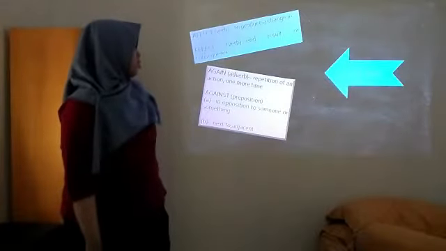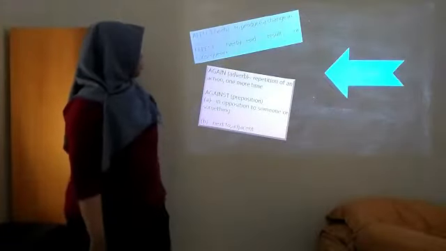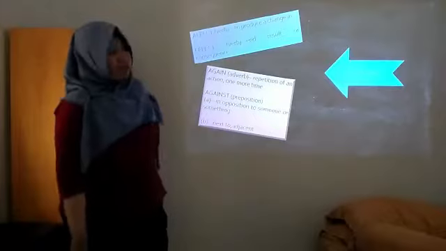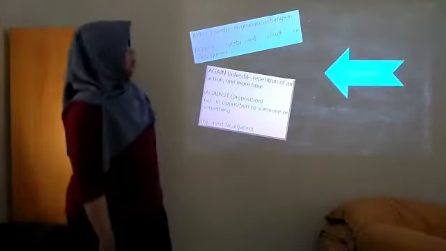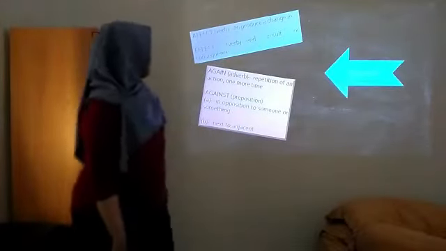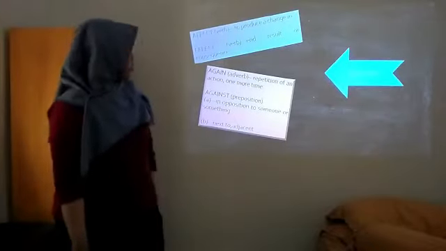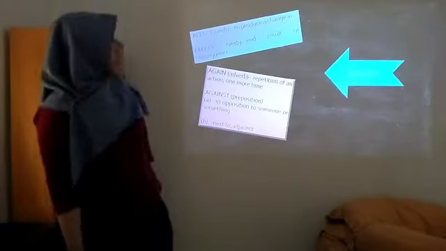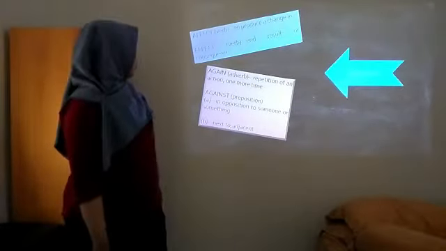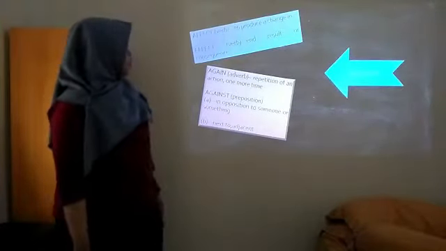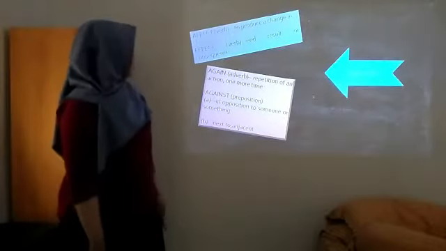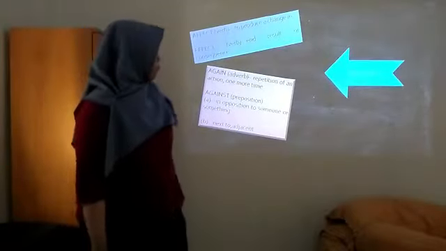The example for type number 2 is affect and effect. Affect is a verb that means to produce a change in. And then effect is a noun that means end result or consequence.